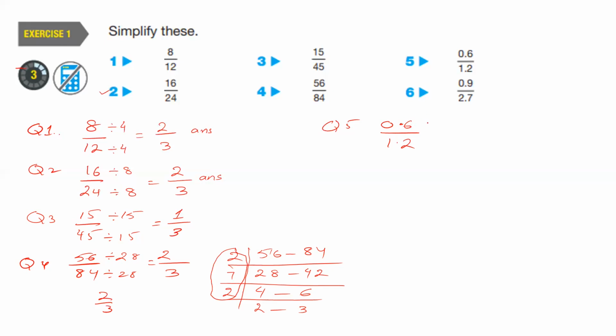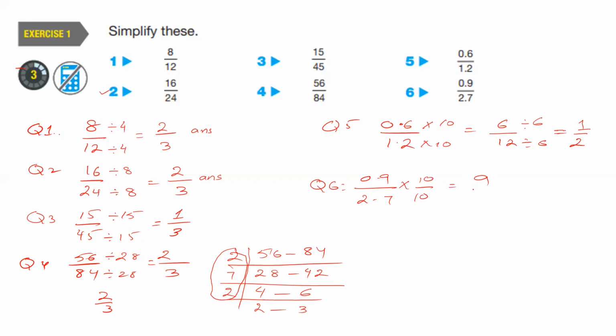So we multiply both by 10. 0.6 times 10 gives 6, and 1.2 times 10 gives 12. Now we divide both numbers by 6, and we get 1 upon 2. Then question number 6 will go the same way: 0.9 over 2.7, times 10 upon 10.